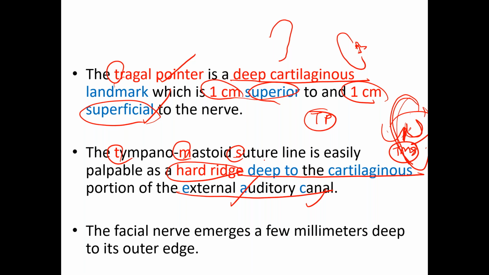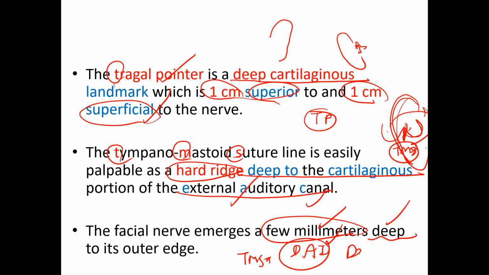The facial nerve emerges a few millimeters deep to its outer edge: deep, anterior, and inferior. You can remember DAI. That is nearly 1 centimeter deep, anterior, and inferior. You should keep it in mind.